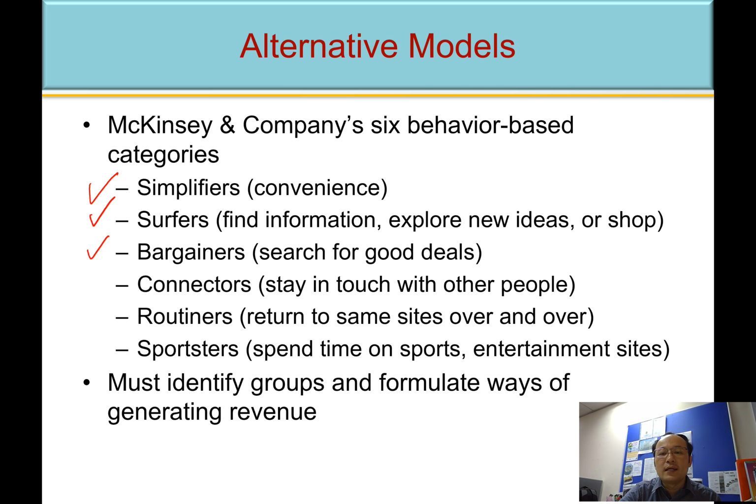They want to get other people's feedback. They get involved in discussions before they purchase, share ideas, and share their own ideas as well. Routiners return to the same site over and over. So this is what we call a loyal customer. Loyalty.